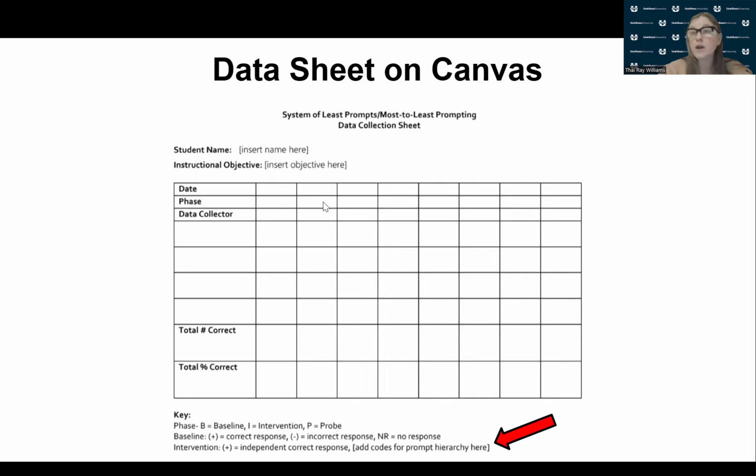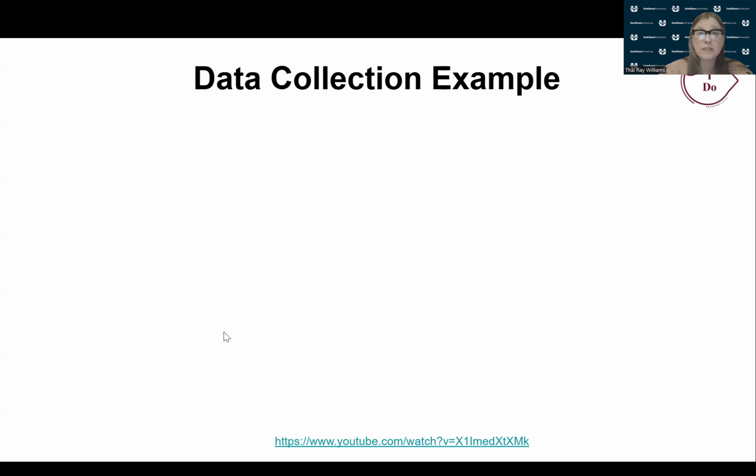Or have you already moved into intervention and you're actually teaching the student? And so if you were doing a task analysis and you only had 4 steps, you would list the steps here, or each of these could be a trial perhaps, depending on what you're scoring a student on. But you might have to add lines to that, right? What if it's a 6-step task analysis? But again, this data sheet is available to you on Canvas.